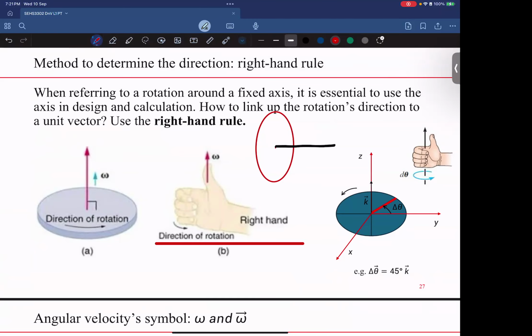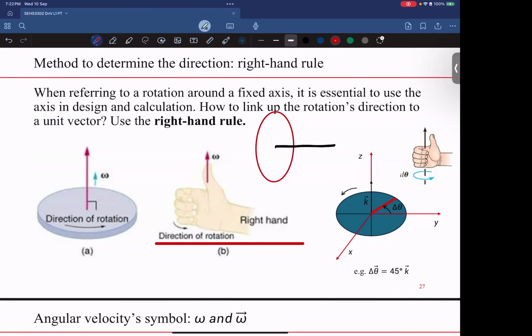If this wheel rotates counterclockwise, we can use our four fingers to line up with this direction, and we can see our thumb is in line with the axis. So we can link up the rotation direction with the axis direction.